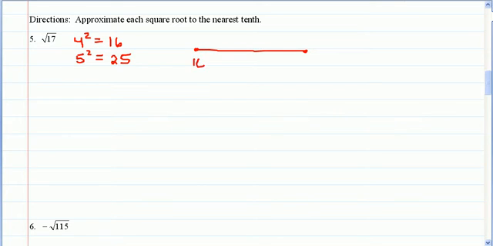And 16 would be here. 25 would be here. Or the square root of 16 would be here. Square root of 25. The square root of 16 is 4.0. Square root of 25 is 5.0. And right here in the middle is 4.5.